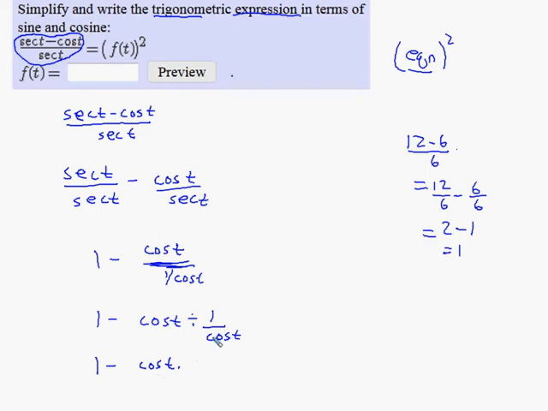So if I reciprocate this, this is multiplication, reciprocating this gives me cosine, and then I have this, which I can write as 1 minus, now cosine t times cosine t, of course, is cosine t squared. We just tend not to write it that way. We tend to write the 2 here instead, but it means the same thing.